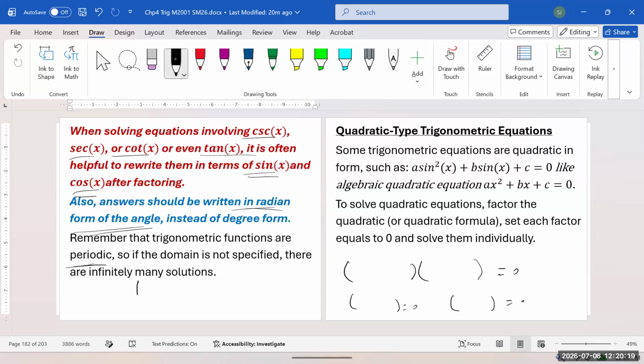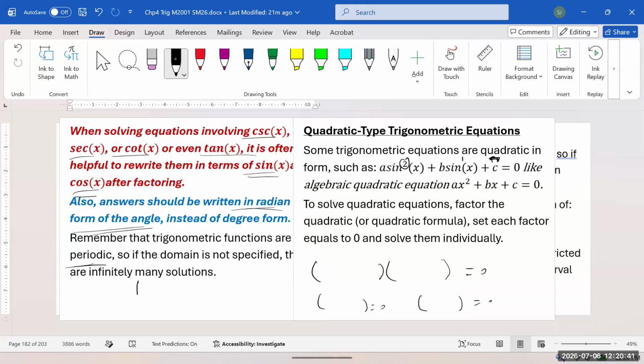How do you know we have a quadratic format? Well, if you have a square and a single one, and a constant, it follows the quadratic format. Mostly every quadratic is factorable in this class. So factor them, set each factor equal to 0, and solve. That's one type of trigonometric equation.